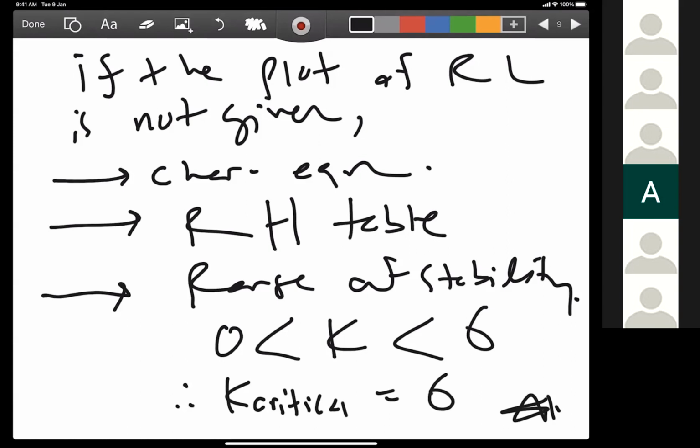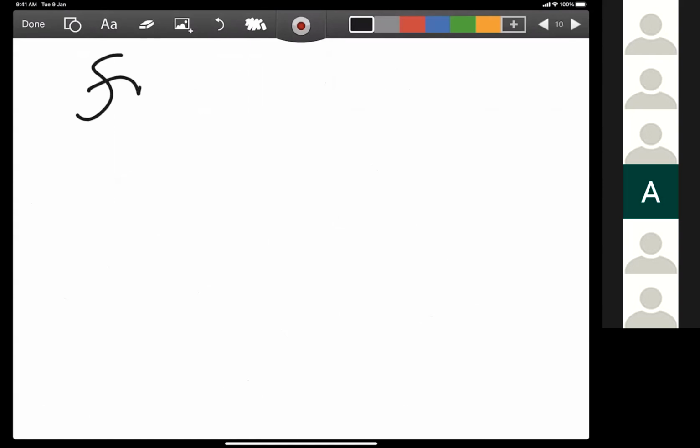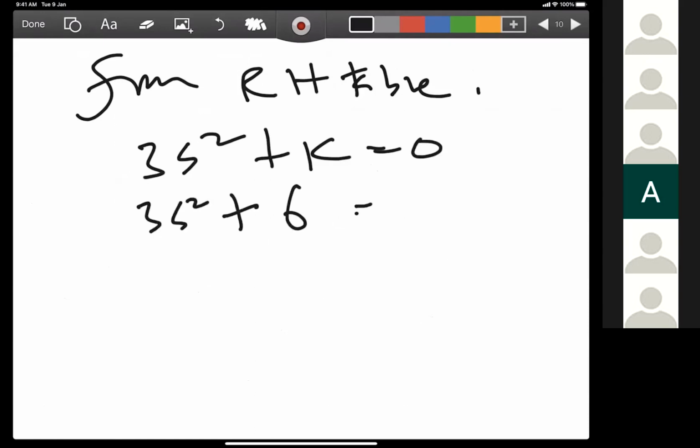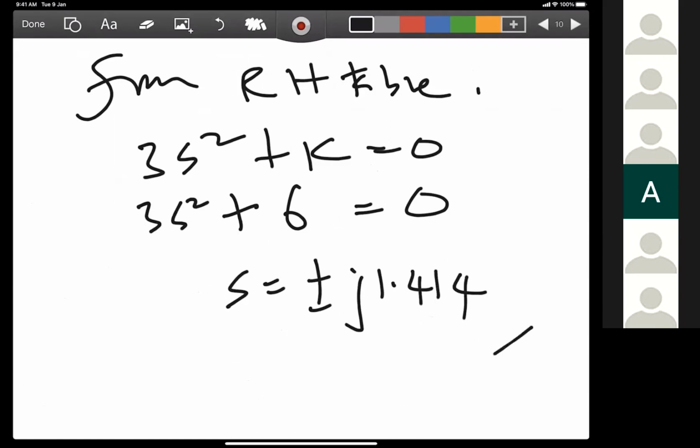The intersections come from the Routh table: 3s squared plus K equal to 0, so 3s squared plus 6 equal to 0. So s is equal to plus minus j1.41.